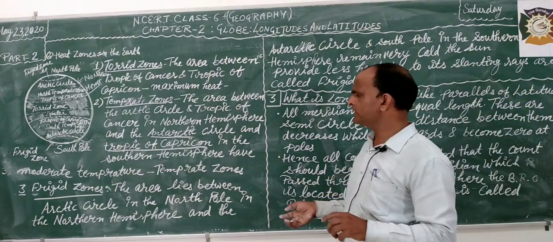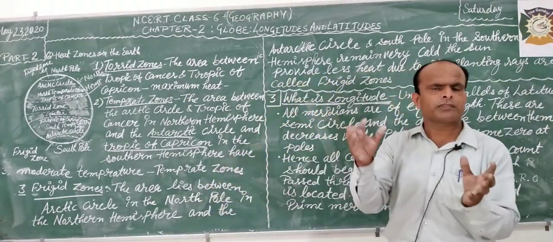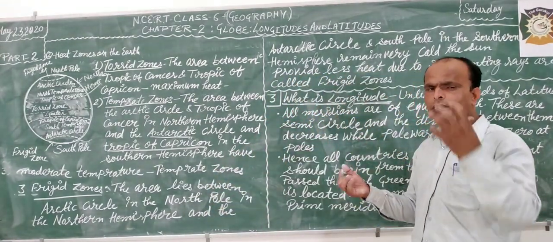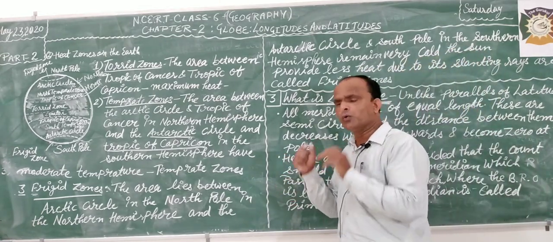Frigid zone means frozen. It means where the sun's light reaches very little, and the area becomes very cool.